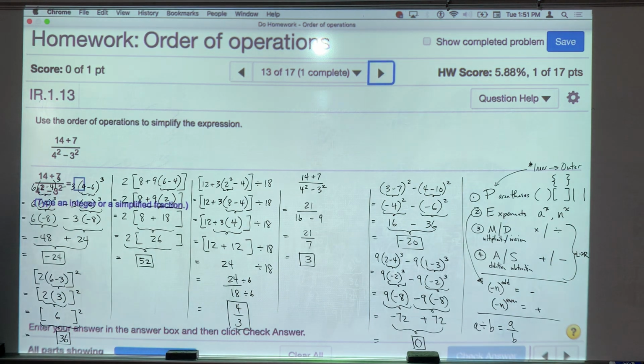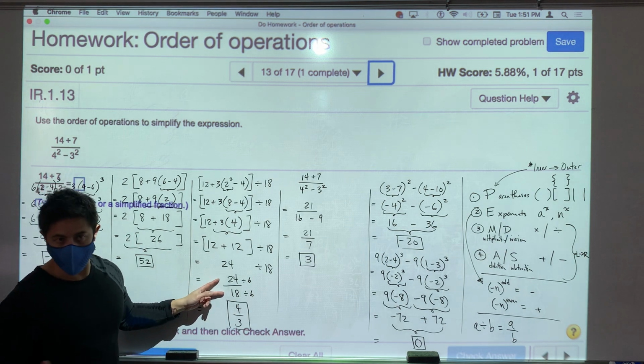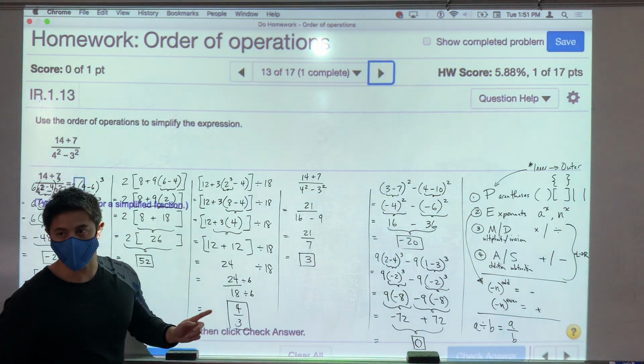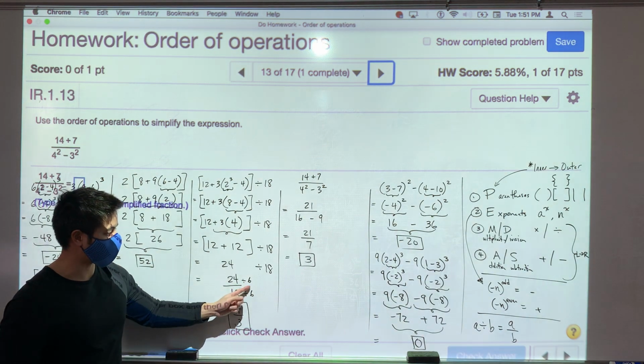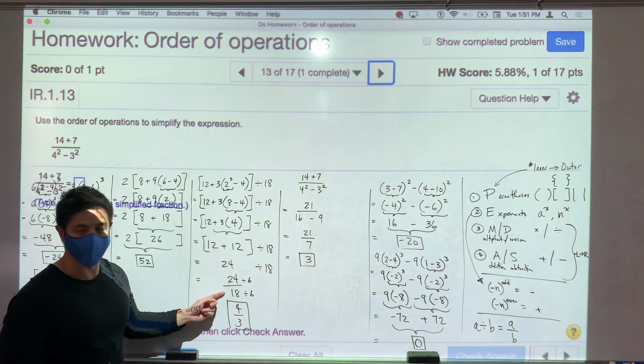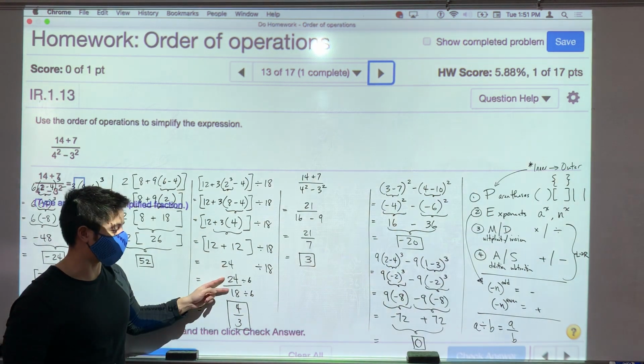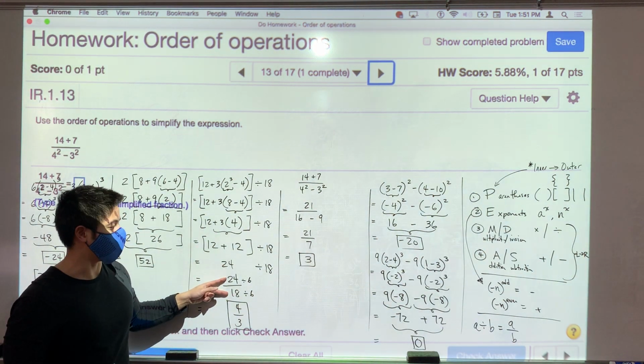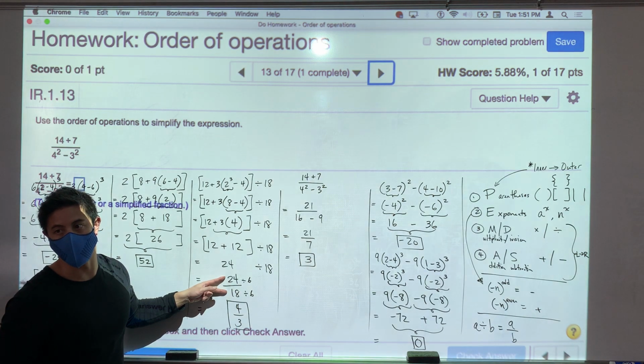Yes? On the other question, where'd you get the divided by 6 when you put it into the fraction right there? So this is from our previous study, greatest common factor. What is the biggest number that both of these are divisible by? They're divisible by 2, they're divisible by 3, but even better, they're divisible both by 6.